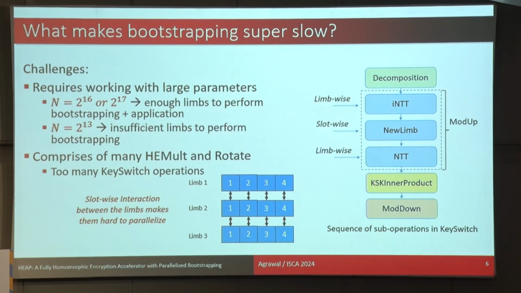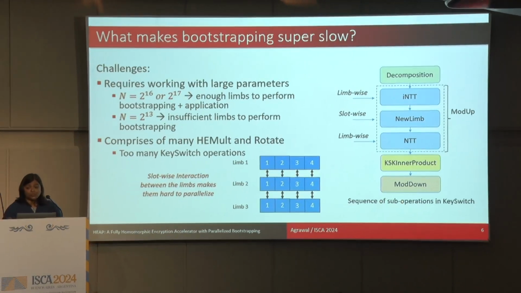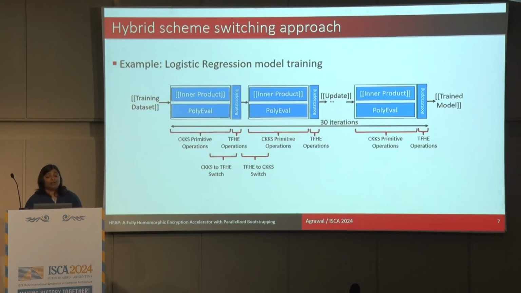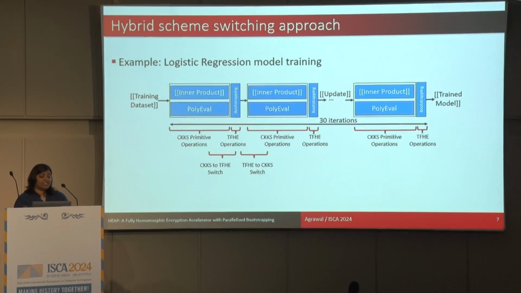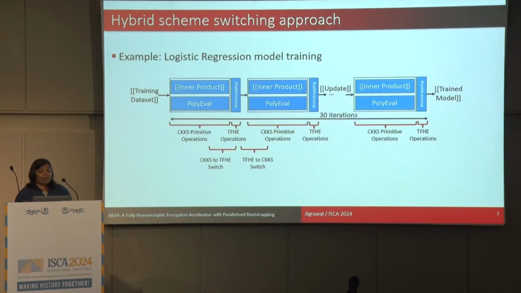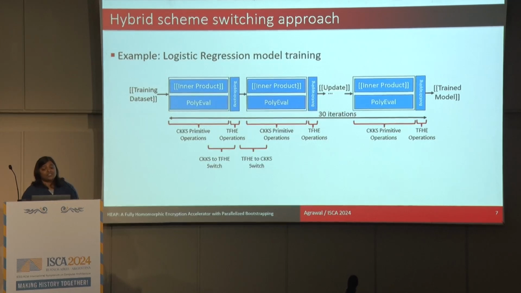We address these two challenges in this work by introducing a hybrid scheme switching approach, wherein we perform operations within the application using CKKS primitive operations, but when it comes to performing bootstrapping, we switch to TFHE and utilize the programmability feature of the TFHE scheme.